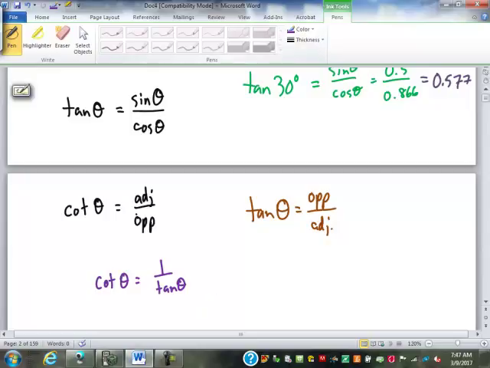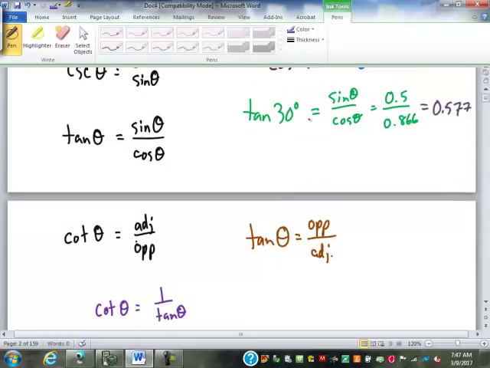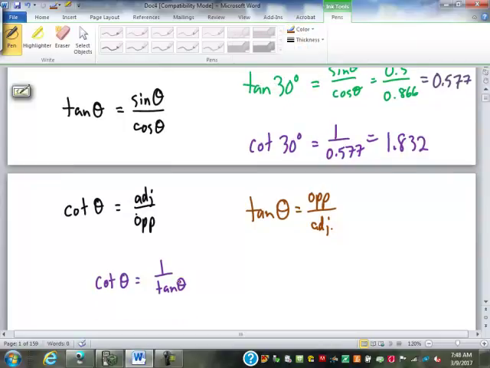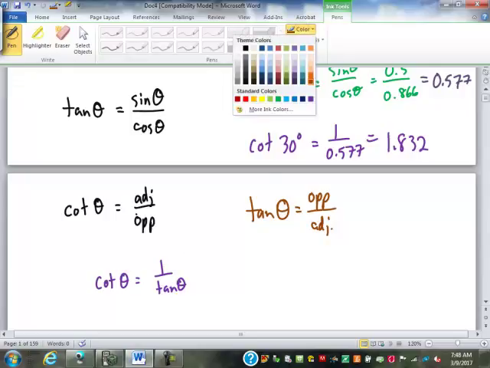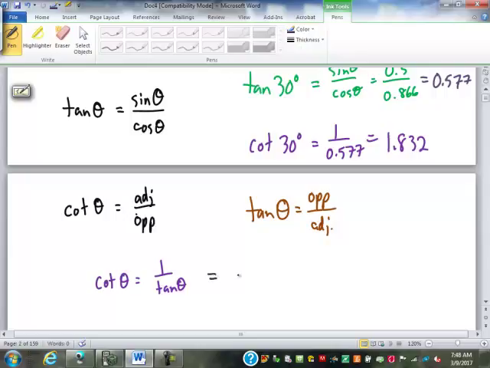So up here, if I wanted to find the cotangent of 30, I just do 1 divided by 0.577, which is going to give us what? Give me 1.832. Well, since the tangent was sine over cosine, 1 over tangent should be the cosine divided by the sine.